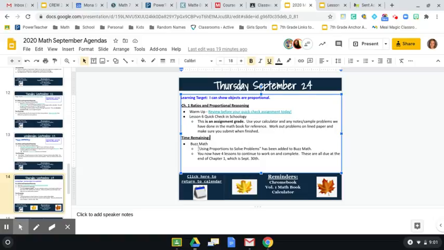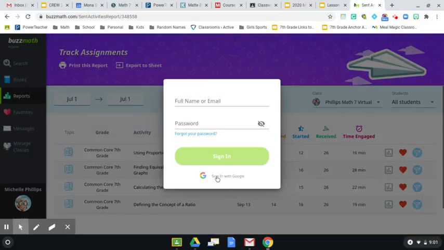If you notice here, I put using proportions to solve problems has been added to BuzzMath. You now have 4 lessons to continue to work on and complete. These are all due at the end of chapter 1, which is September 30th. In BuzzMath, let me try that one more time here. Refresh this.